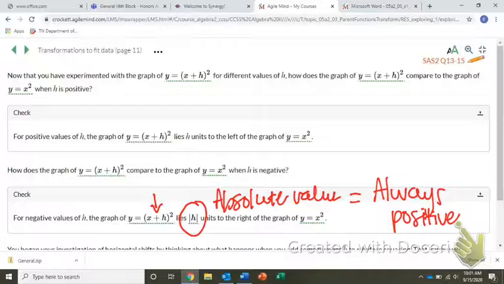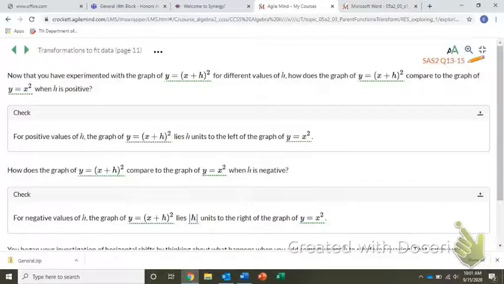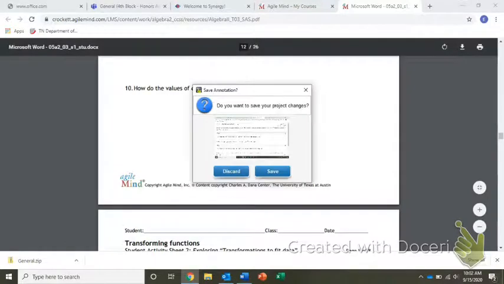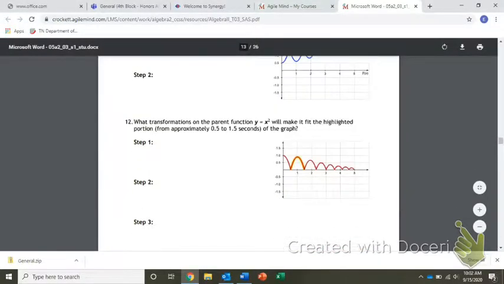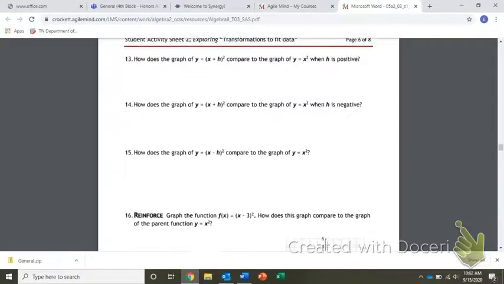All right, next is number 15. I'm going to swap over so I can write on number 15. I want you to star number 15 on your paper.